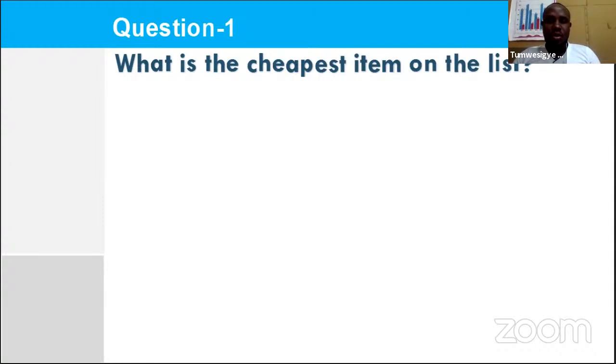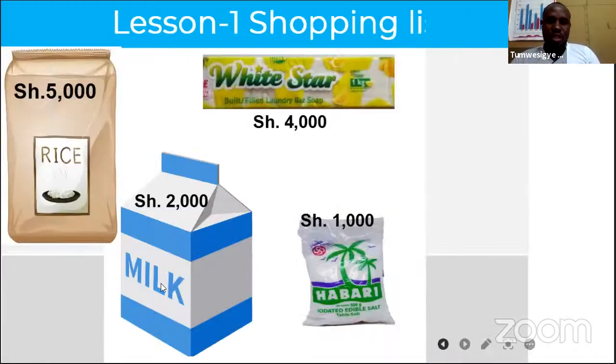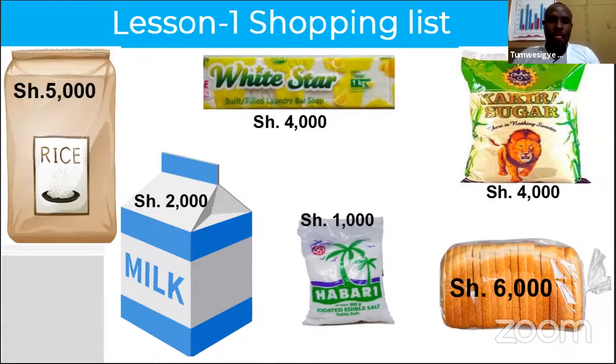We have rice at 5,000. We have milk at 2,000. We have a bar of soap at 4,000. Then we have salt at 1,000, and we have bread at 6,000. Then we also have sugar at 4,000.